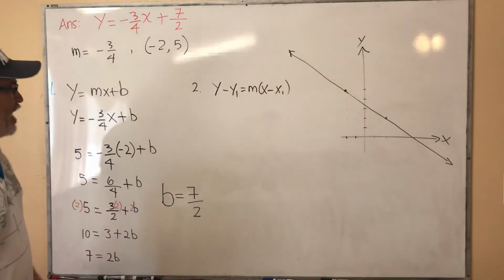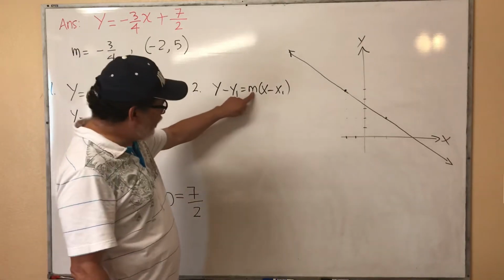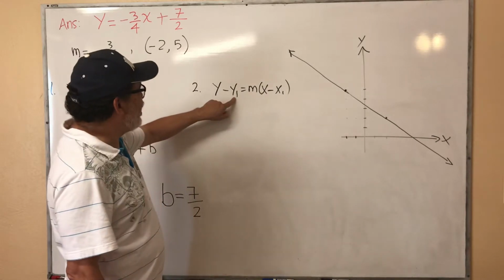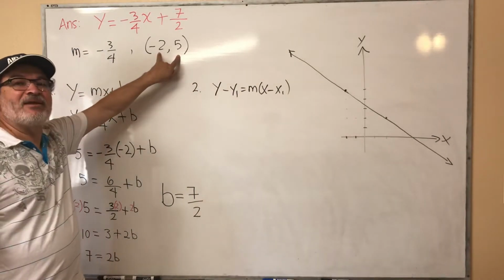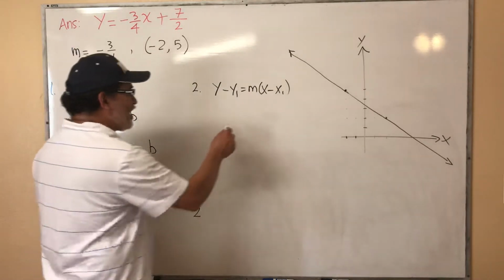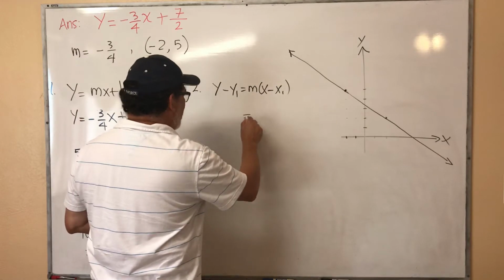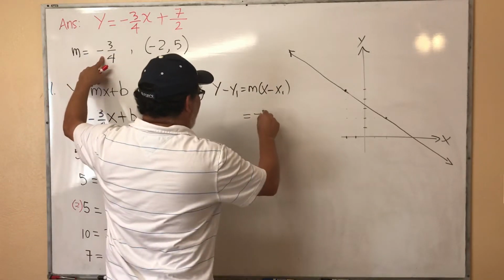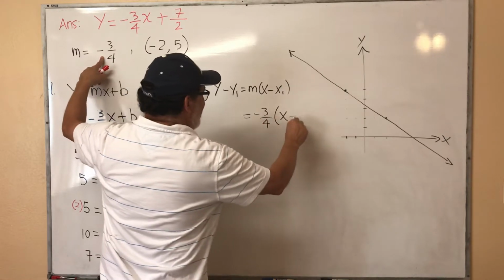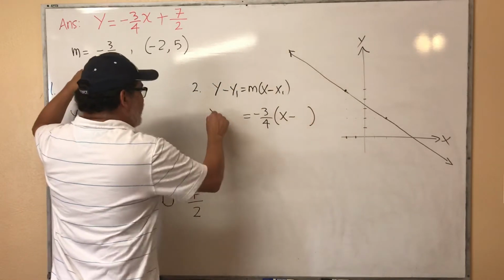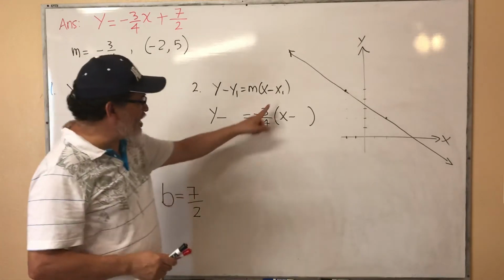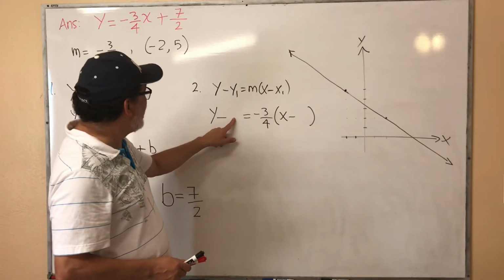Okay. So now, this is the slope, m, right here. And this x1, y1 is the point given. So let me write the slope first. The slope is negative 3/4 times x minus x1, and then y minus y1. So this is x1 right there and y1.